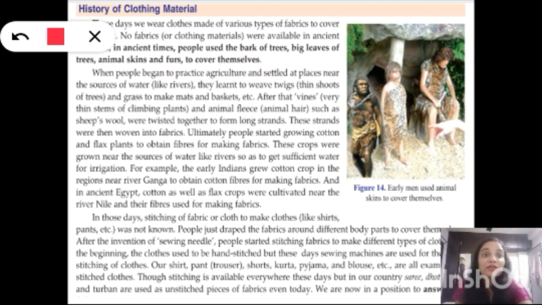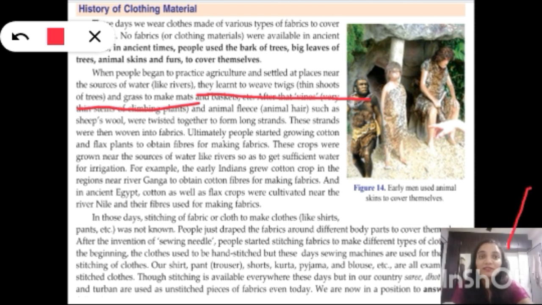Afterwards, with a little development of agriculture, they used twigs, that is, thin shoots. They knitted those thin shoots and wore them. After the development of agriculture practices, crops and technology, they have today's clothes, properly knitted and woven. Some clothes are also worn unstitched.